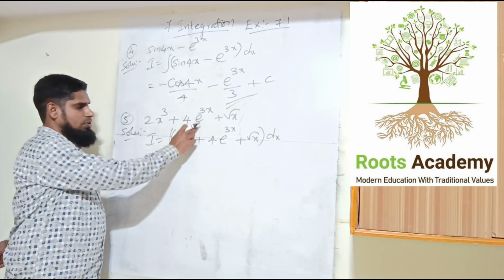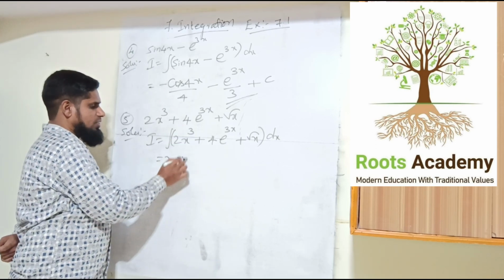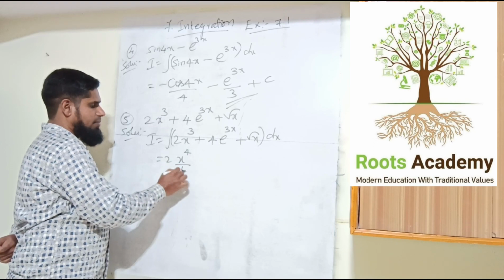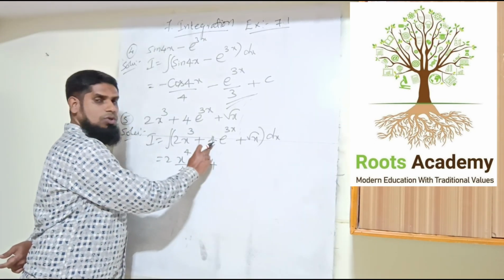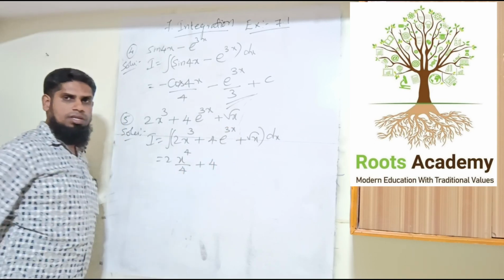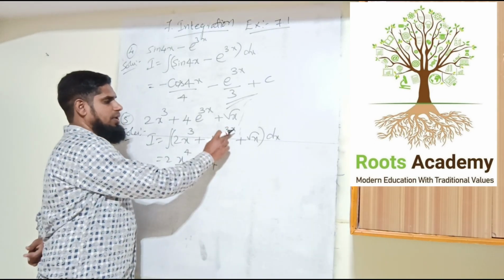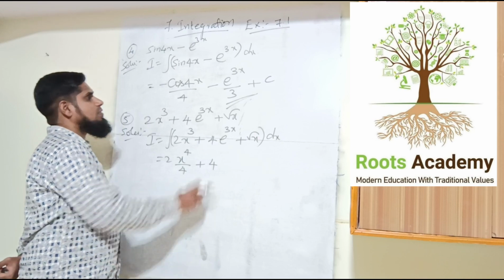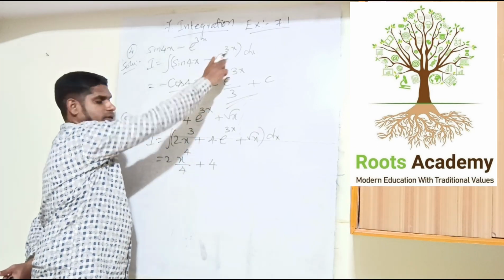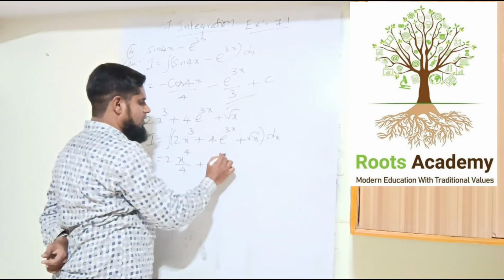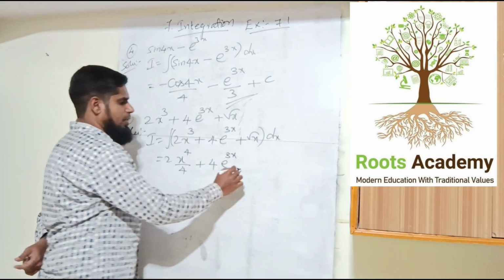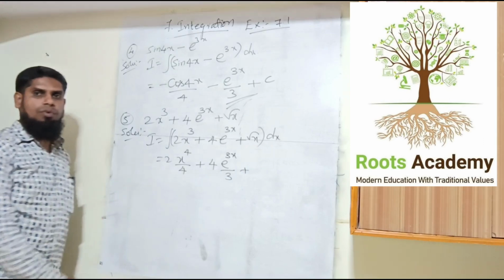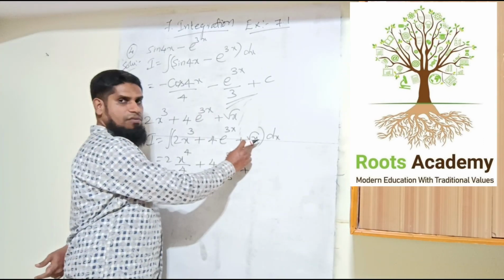Directly we'll integrate x cube. The integration of x cube is x power 4 divided by 4, plus 4 as it is, coefficient to this function as it is. Now integration of e power 3x. As we saw here, e power 3x integration is e power 3x divided by 3, plus integration of root x. Root x is nothing but x power half.